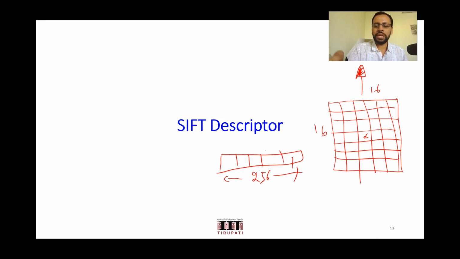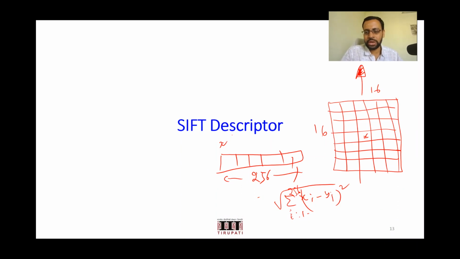Now I simply subtract it from the other and take the L2 norm: the sum of xi minus yi whole square, where i varies from 1 to 256. One descriptor is x, another is y. If they are identical patches, it could be 0 if intensities are the same. But where is this descriptor going to fail?